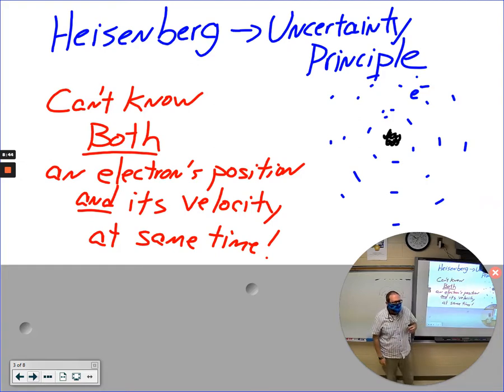But if you observe an electron in a particular place, by the time you have made that observation, it has already moved on to some other place. And so I can know where it is, but if I know exactly where it is at a given moment, I can't know where it's going. Or I might know its velocity. I might know about how fast and in what general direction it's moving. But if I know that, I can't at the same time know where along that path it's going to be. There is uncertainty built in.